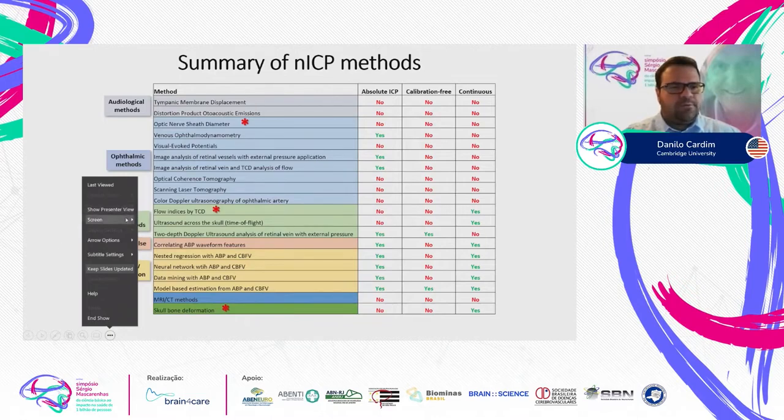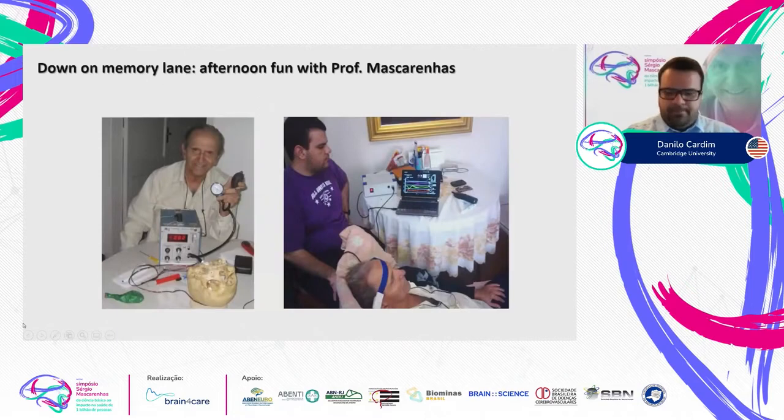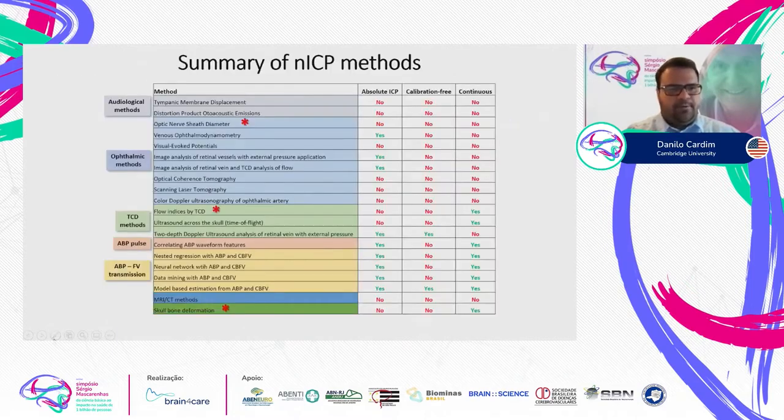These methods can be categorized in basically 5 different categories. So we have the audiological methods that use, for example, structures in the inner ear to assess intracranial pressure non-invasively.